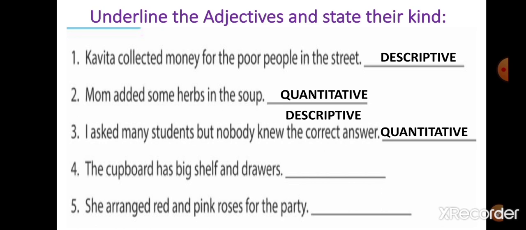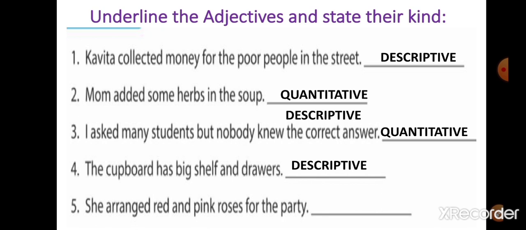The cupboard has big shelf and drawers. Here which word is an adjective? Big. Yes, the cupboard has big shelf and drawers. Big states a descriptive adjective. She arranged red and pink roses for the party.